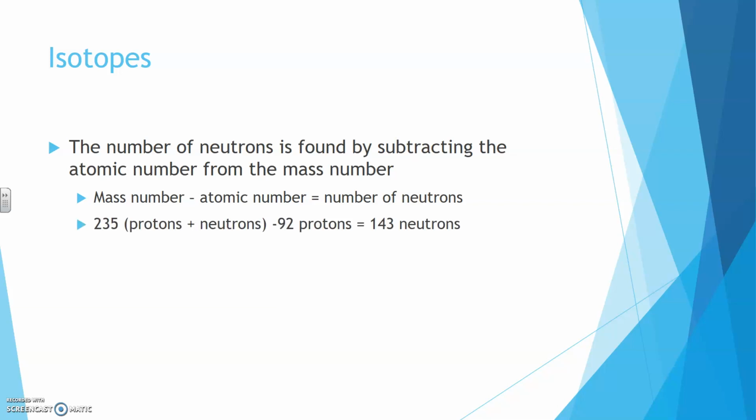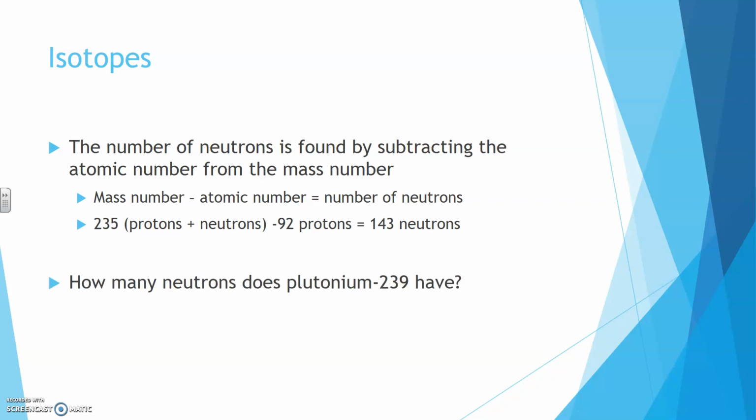So for an example, going back to our uranium, we have 235, which is your protons and neutrons combined. And then if you subtract out your 92 protons, you end up with 143 neutrons. So uranium-235 has 92 protons, 143 neutrons.